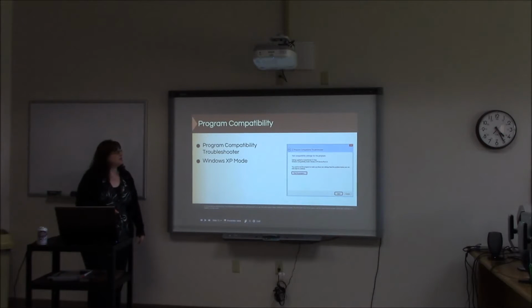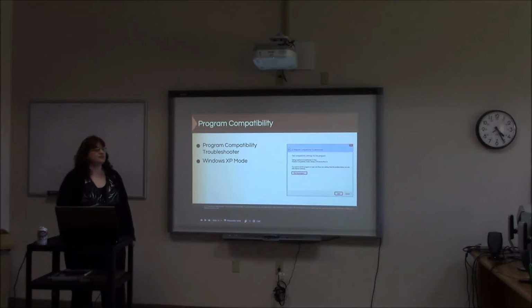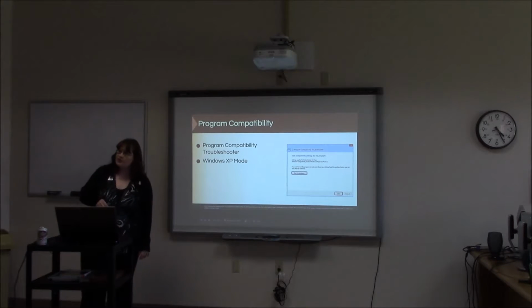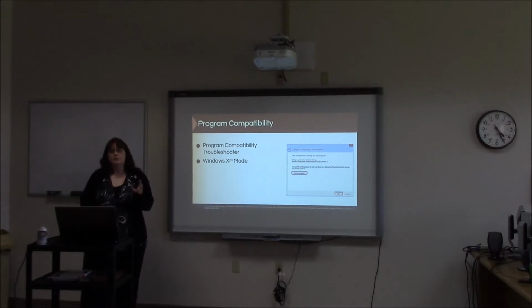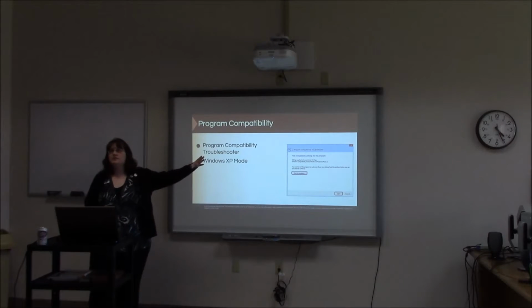Another feature of Windows 7 is program compatibility. It does happen a lot that there are older programs that need to be used on newer computers. So let's say we're a manufacturing firm and someone built the software for Windows XP like 15 years ago, but it was really, really expensive. But we really need that piece of software to run because it runs this machine, and this machine makes money.